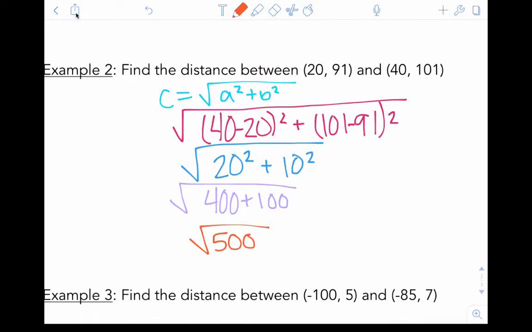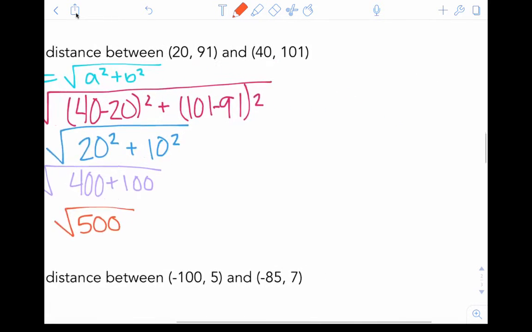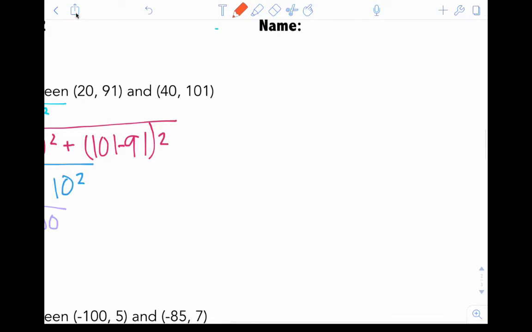I'm not quite done yet because I need to simplify this. Okay, so I'm going to go over here to the side, and I'm going to simplify the square root of 500. This ends with 2 zeros, which means that 100 is a factor.